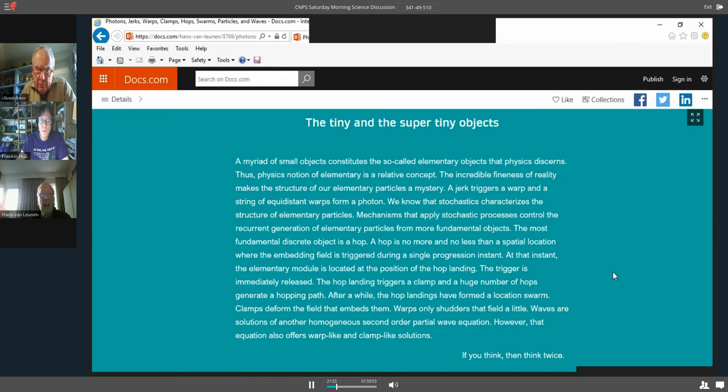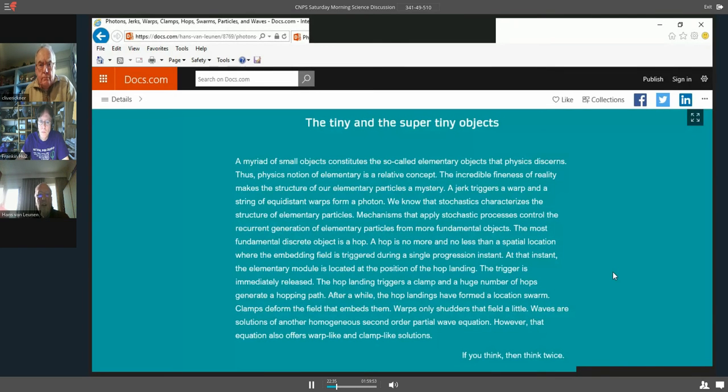So the elementary particles, the electrons, are point-like objects, and a point has not so many properties. A point can have a location, it can have a speed, but what these elementary particles do is they hop around, and it's a stochastic hopping path that they walk along in a quite arbitrary way, and after a while they have created a hop landing swarm.